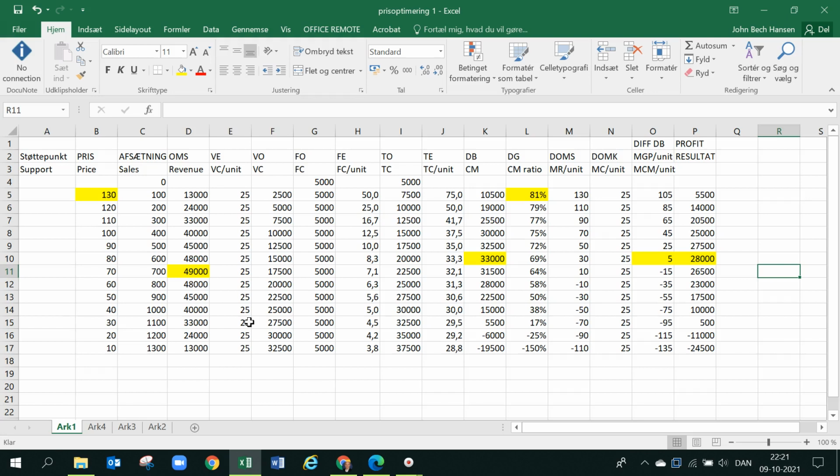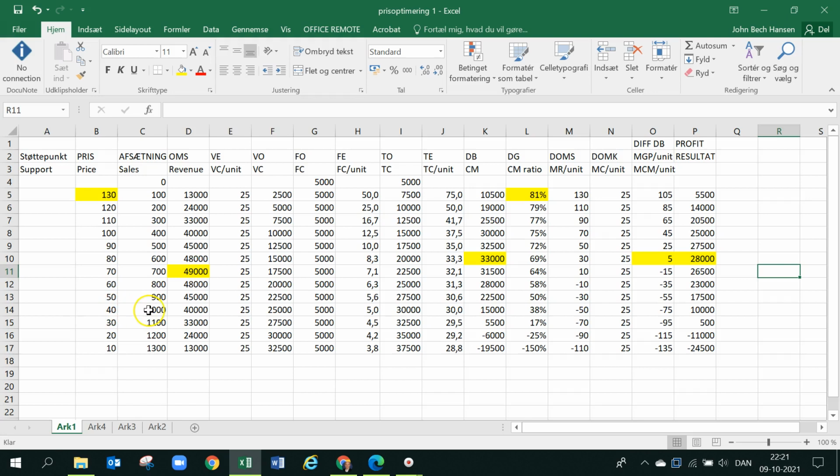So let's say that we are looking for other markets, and just as an example, we have an Italian guy, we can call him Daniela, and he calls us and says, well, I would actually like to buy from you, and I will offer you a price of, let's say, 55. And the first thing that comes to our mind is, well, our sales price is actually 80. So let's have a look at it.